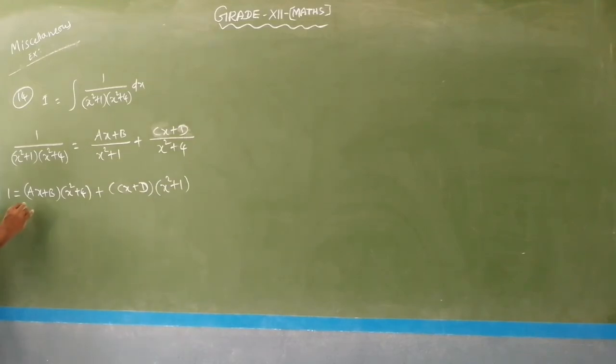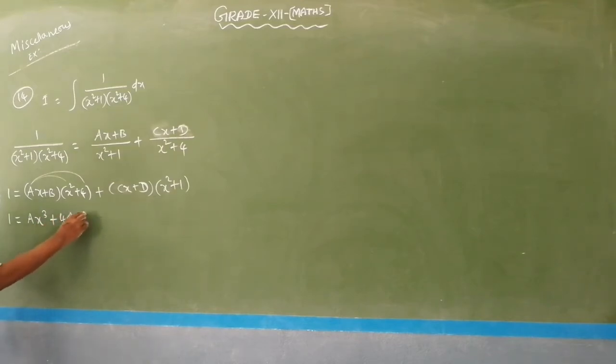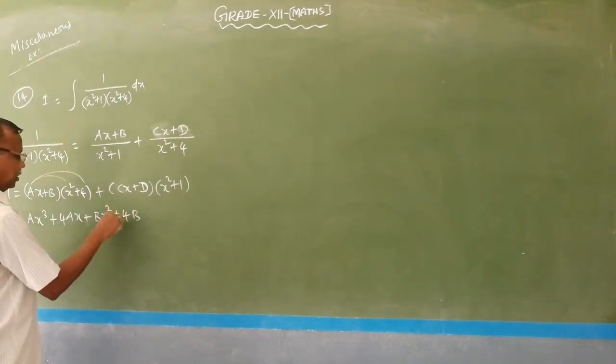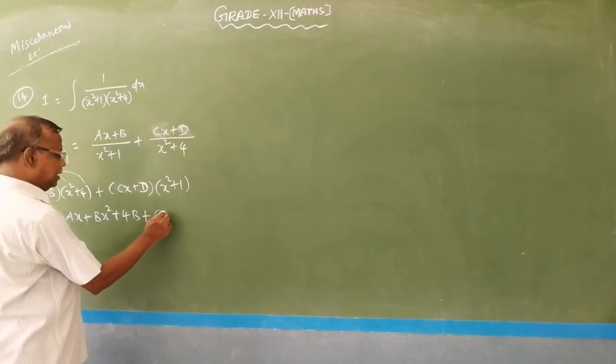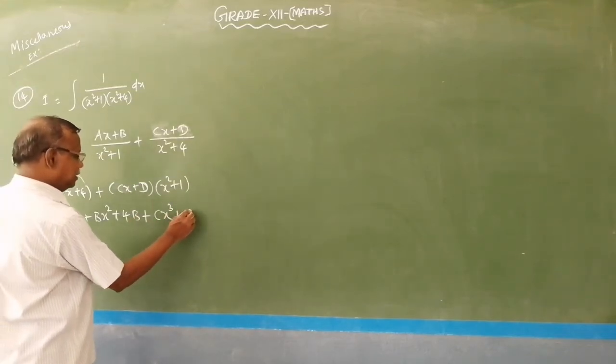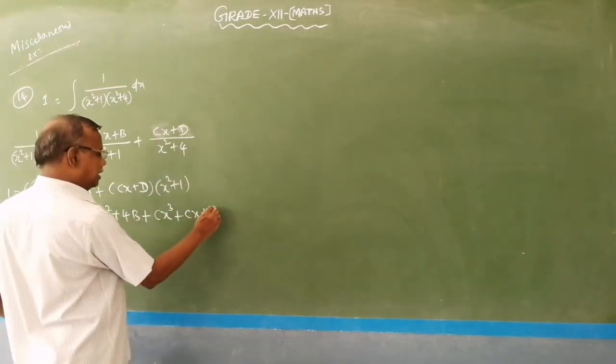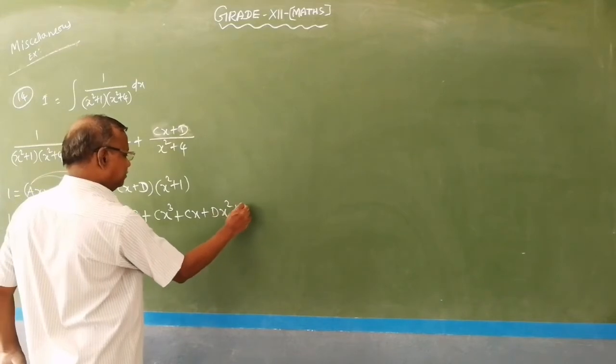That is 1 equal to ax cube plus 4ax plus bx square plus 4b, plus cx cube plus cx plus dx square plus d.